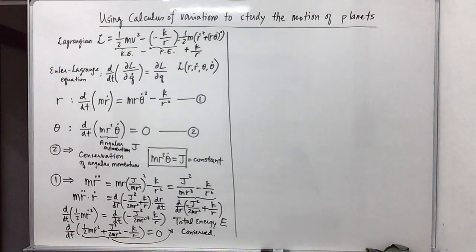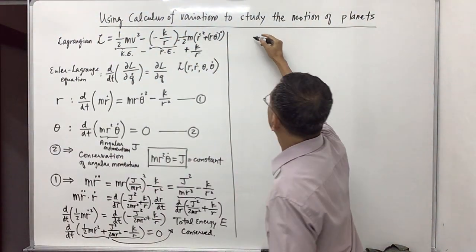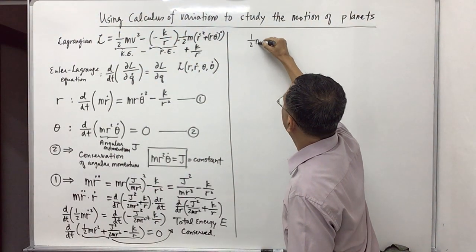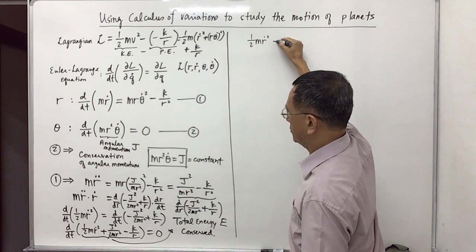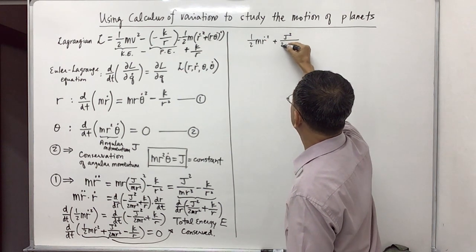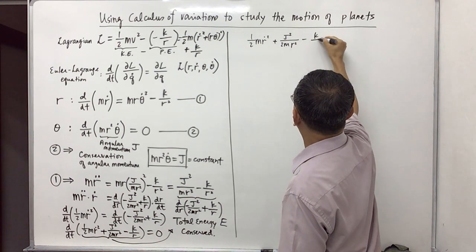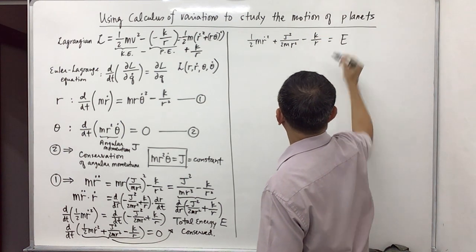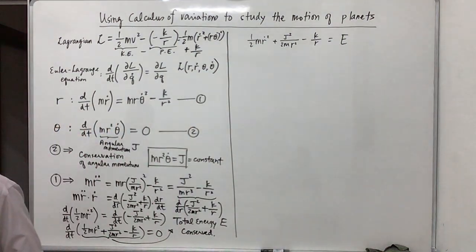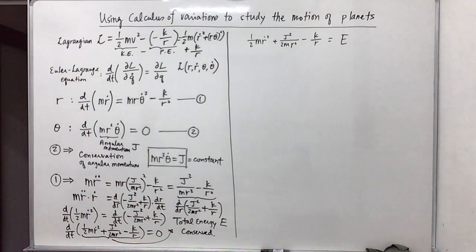Okay, now let's write down E. Half m r dot squared plus j squared over 2m r squared minus k over r is my total energy. I call that E. Now the first thing I would like to do is to isolate my r dot. That means I just want to make r dot the subject.